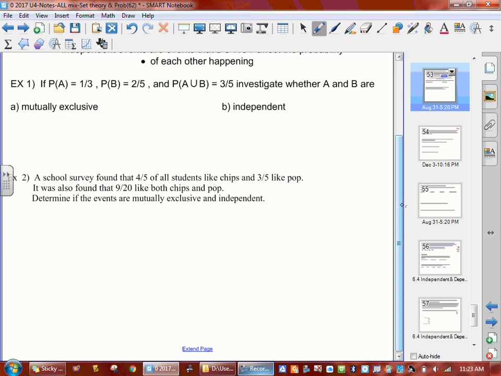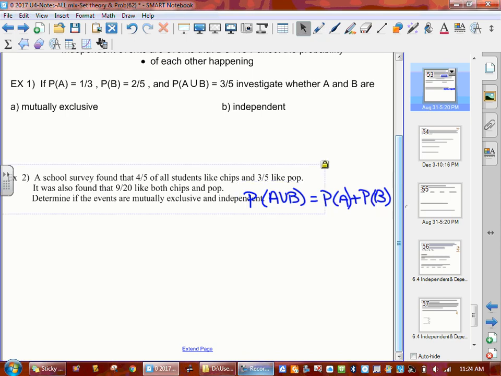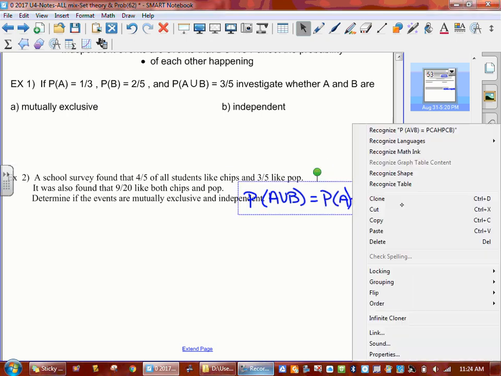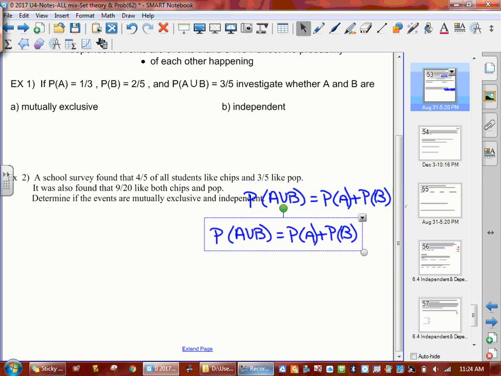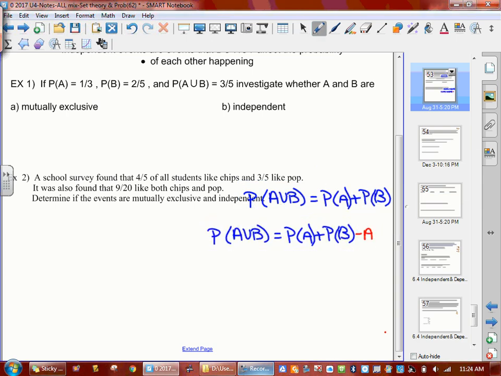3/5. Now, the reason they're giving me an OR is because if I check all my formulas, I've got this. A or B is probability of A plus probability of B. Okay, there's my first one. And then I've got the same one where we have to subtract the overlap, minus A and B. That's your subtracting overlap part.